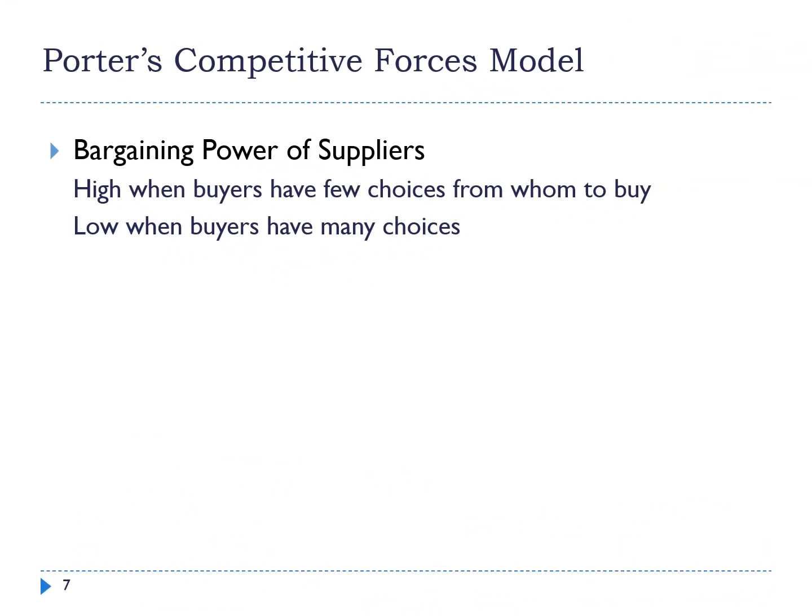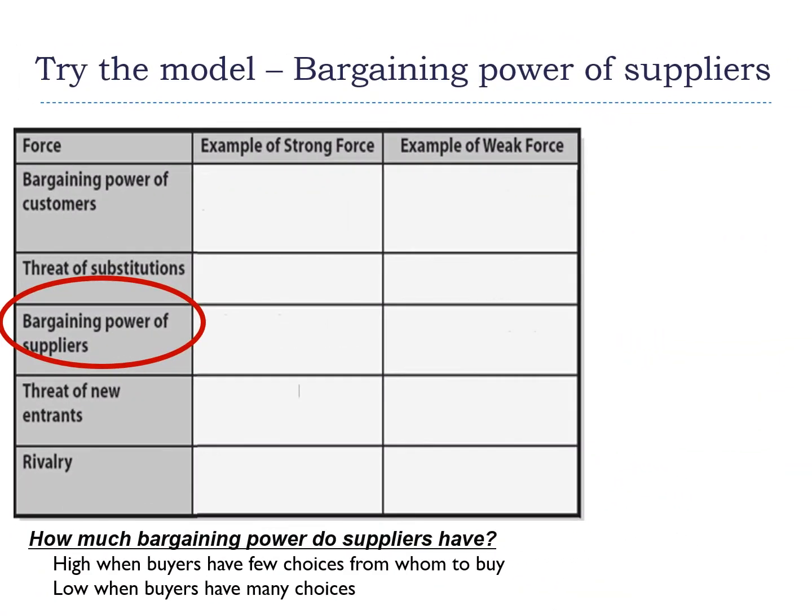The second force is called the bargaining power of suppliers. Supplier power is high when buyers have few choices from whom to buy and low when buyers have many choices. Okay, let's go through some examples.